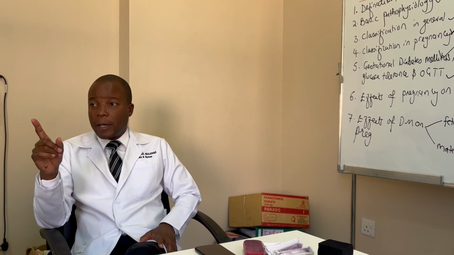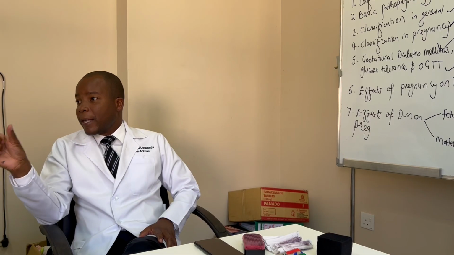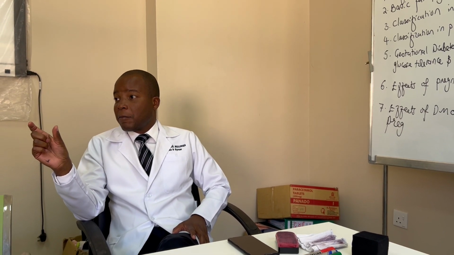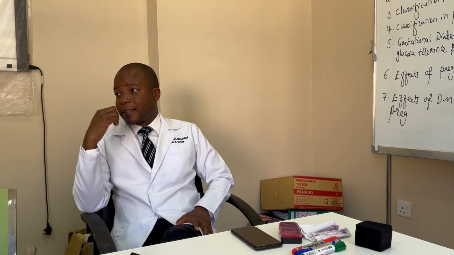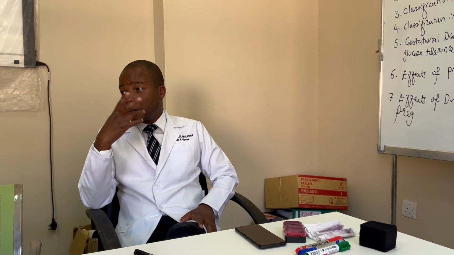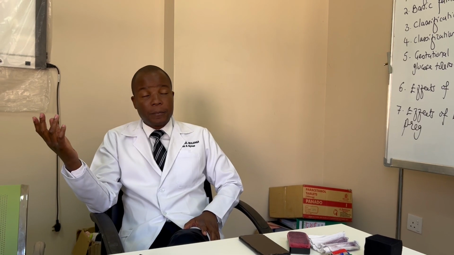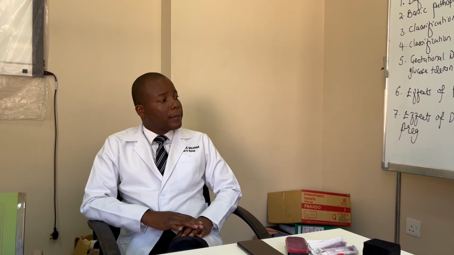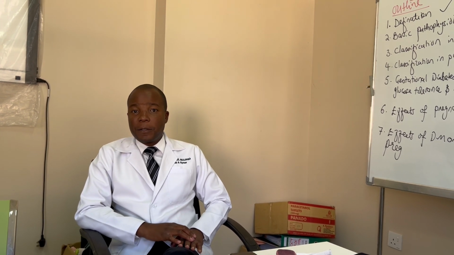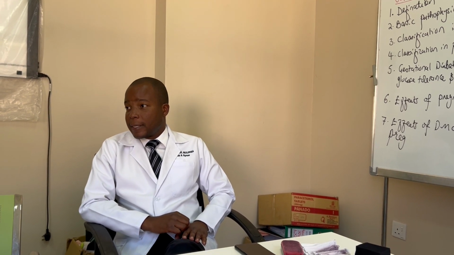No wonder you cannot use the weight or the size of the baby as a marker for management. You understand? You use other parameters. Okay. So the other system at fault is the GIT.